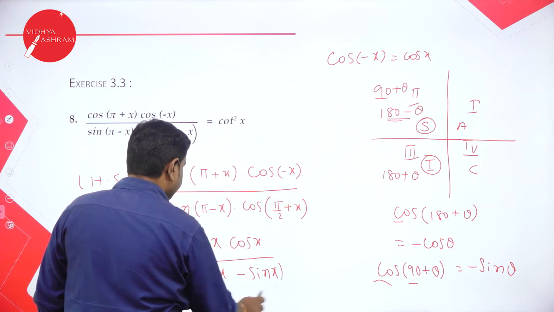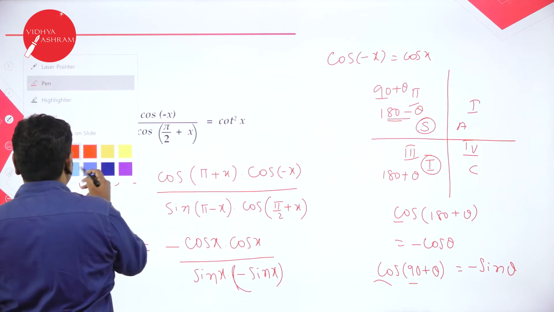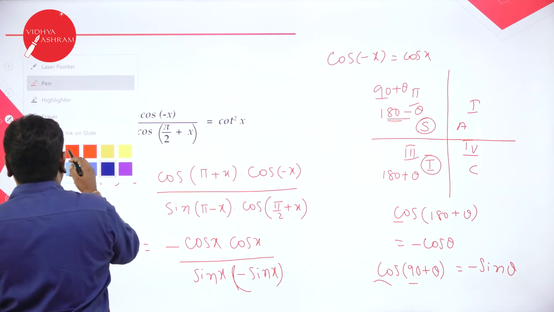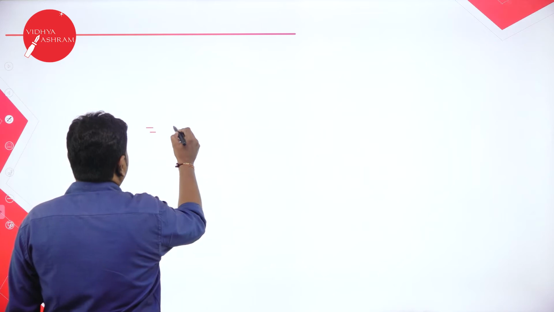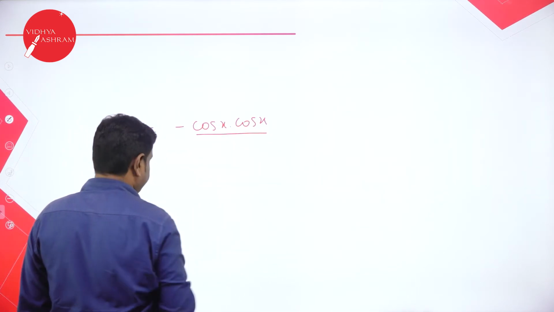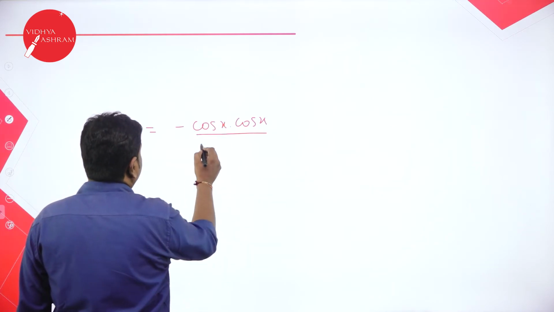This is a product, so I'll use brackets. Now you can cancel the sign. So minus you can cancel. Okay, we'll go to the next step. So next we have numerator cos x into cos x, minus cos x into cos x, divided by plus into minus, minus sin x into sin x.